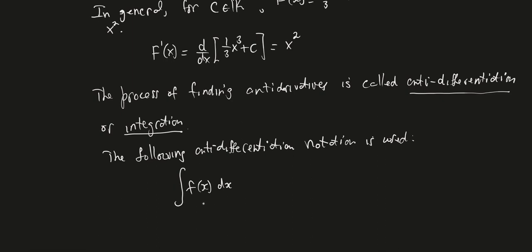And again, it might seem a little superficial to be putting this dx here, but in the not so distant future, you're going to see a very significant role that this dx plays. So this is what we're going to use to indicate finding an antiderivative. And then over here, we would write down what that antiderivative is. Using the same notation as in our earlier definition, I'm going to put the big F of x there, and then this plus c.